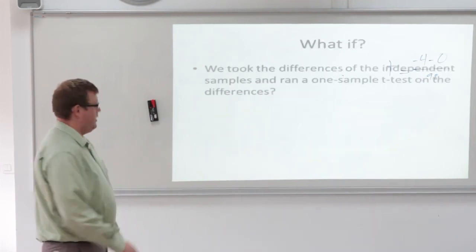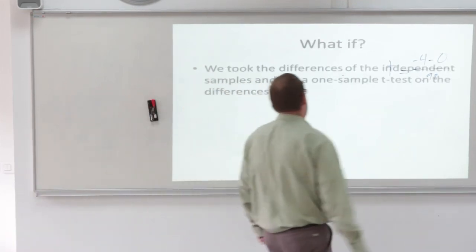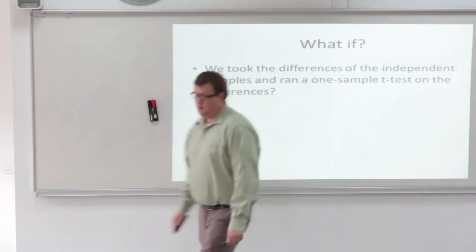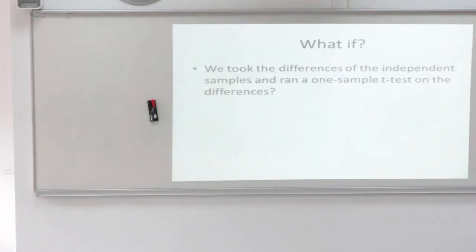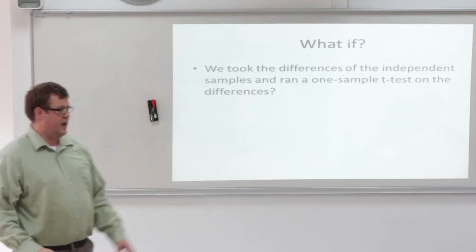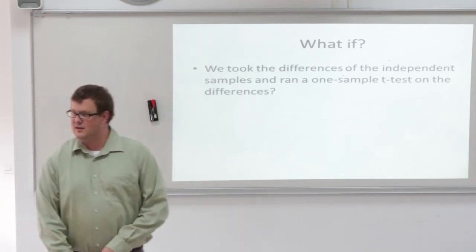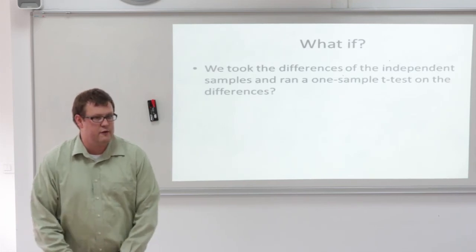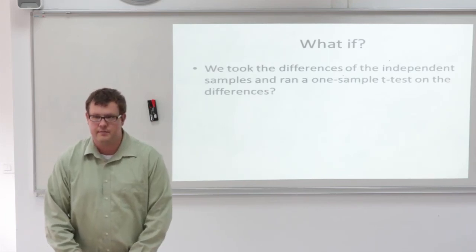Awesome. Now what if we took the differences of the independent samples and ran a one sample t-test on those differences? So we have independent samples, 2 groups of them. What if we did the same thing we did for the paired samples here?